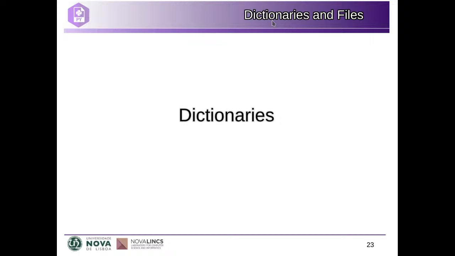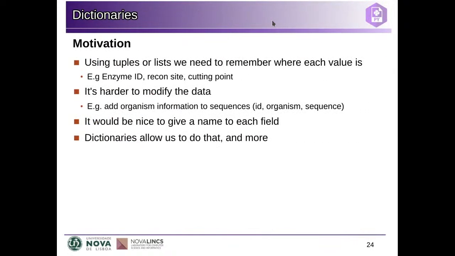Okay, so now let's see dictionaries. We saw how to read data from the files, but now we can find a better way of organizing data in memory. When we wanted to store the identifier and the sequence, or the enzyme identifier and the data for the enzyme, we put everything in tuples. So we have a list and everything is in the same order.